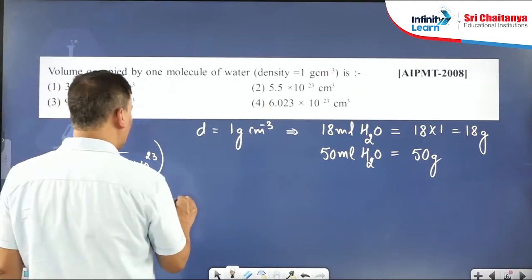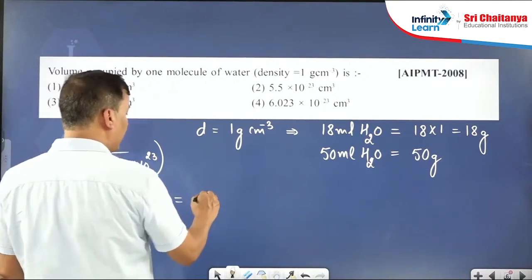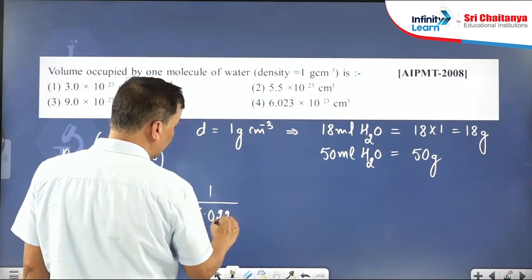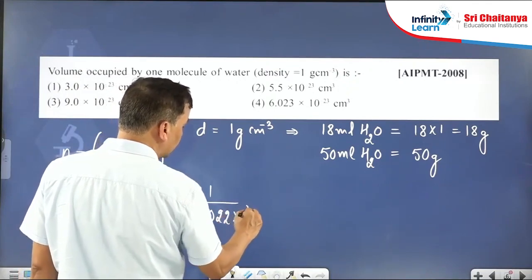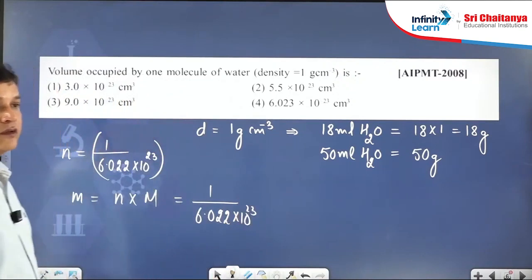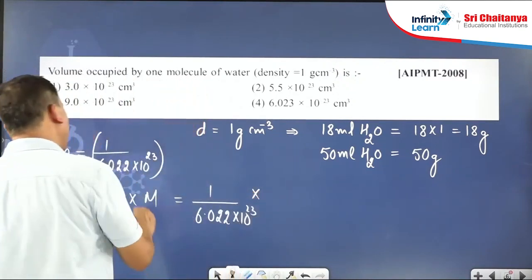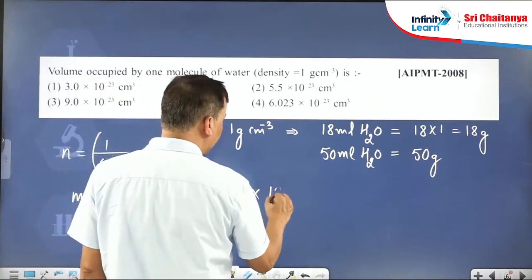So how many number of moles do we have? 1 upon 6.022 into 10 raised to power 23. These are the number of moles. Okay. And what about the molar mass? Molar mass of water is equal to what? 18.